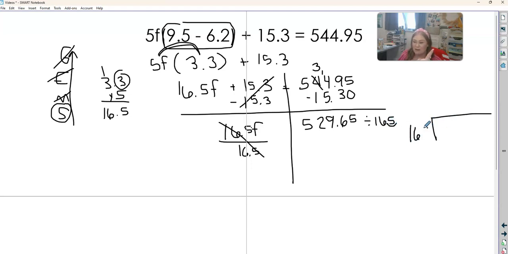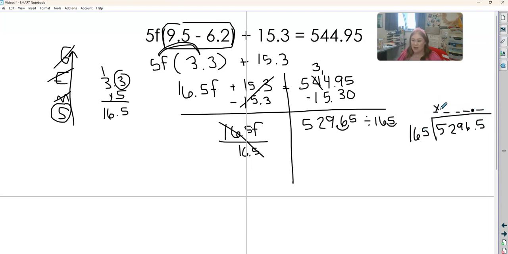So we're dividing by 165. But if I do that there, I want to do it to the dividend. So now we have 5,296.5. Then we would just go ahead and do our division. We need one thing above each number.